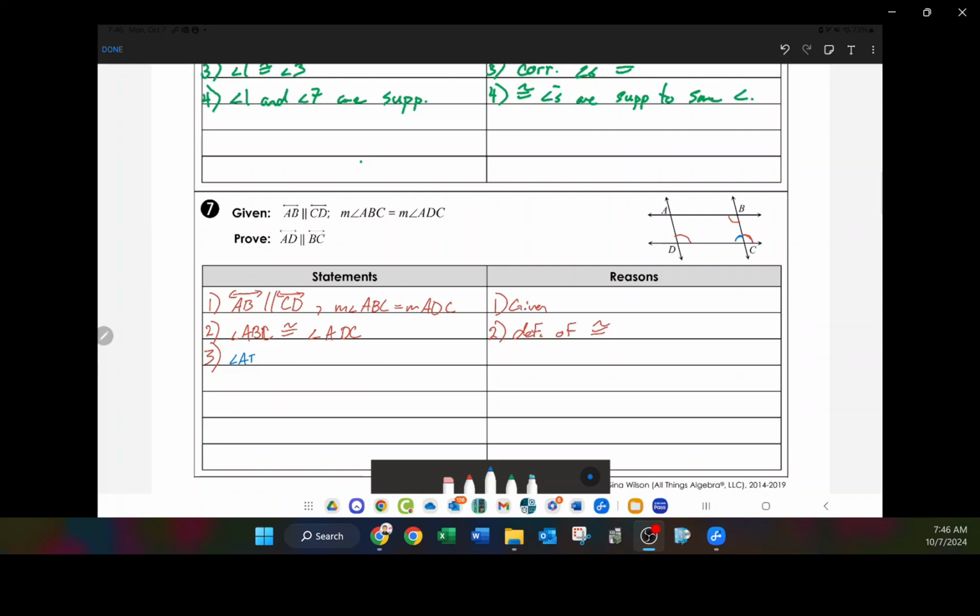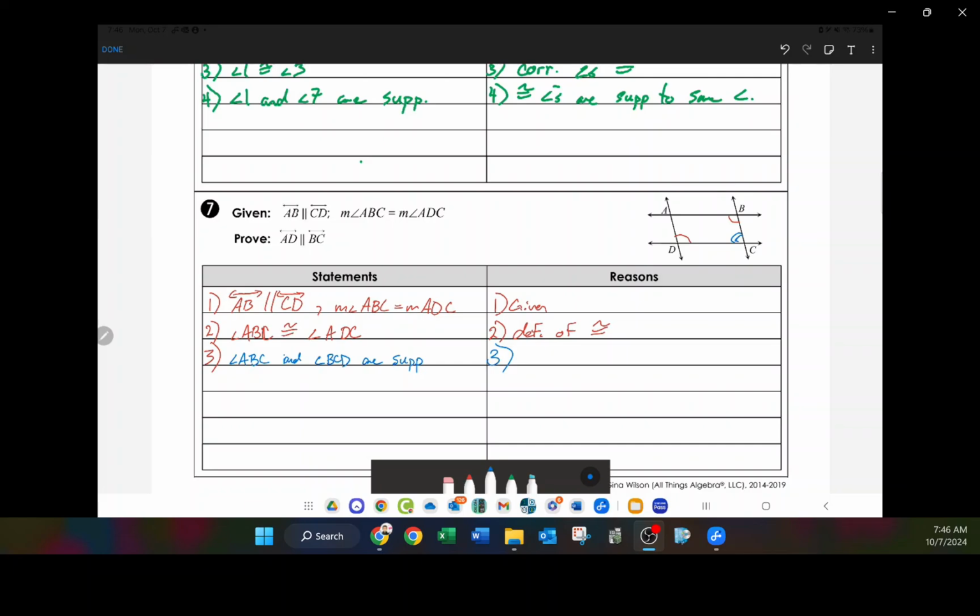Angle ABC and angle BCD are supplementary. So why is that? Why are these two, when they're not congruent, why is this angle here supplementary to ABC?